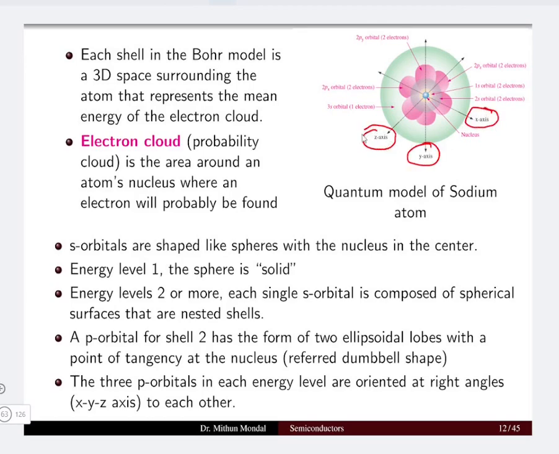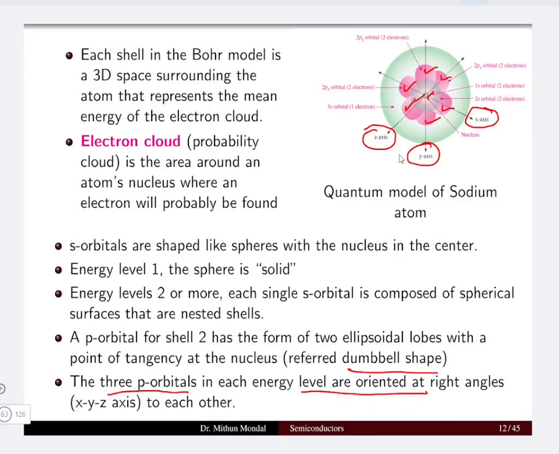These axes consist of the three p orbitals, at right angles to each other, and the electrons will be represented here. These are basically the dumbbell shapes we have discussed for the p orbitals. So we have the dumbbell shape, a solid structure, and some spherical structure, and the electrons have a probability of presence around the nucleus, which is the probability or electron cloud.